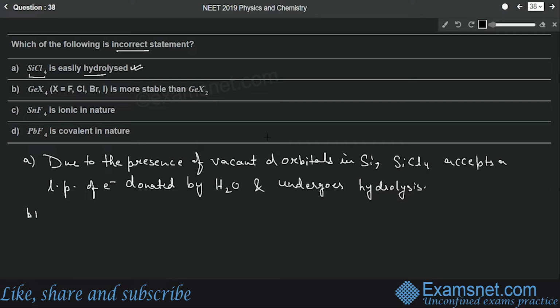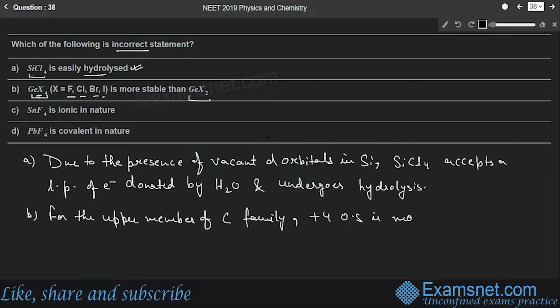Now we come to the second one. It says germanium tetrahalide is more stable than germanium dihalide. Okay, and here X represents the halogens fluorine, chlorine, bromine, or iodine. Okay, so we know that for the upper member of the carbon family, what happens? +4 oxidation state is more stable than +2 oxidation state, right?